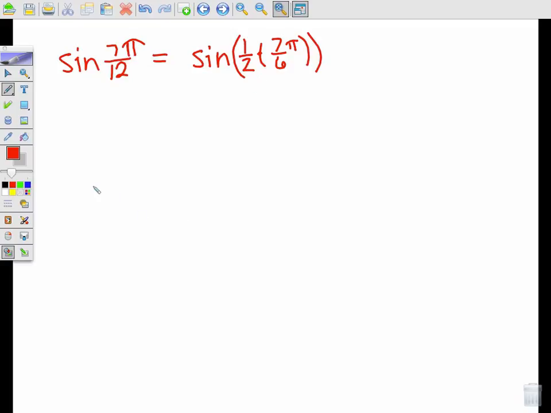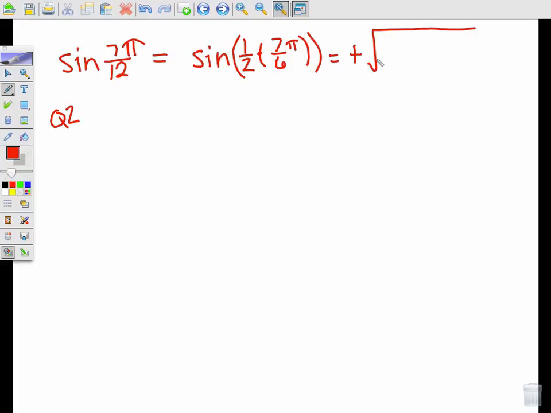So we're looking for 7/6 pi. My 7/12 pi, this is the angle that we're trying to find, so I need to know what quadrant we're in. Seven twelfths pi is going to be in quadrant 2, so I know that my result is going to be a positive square root when I go ahead and find this.